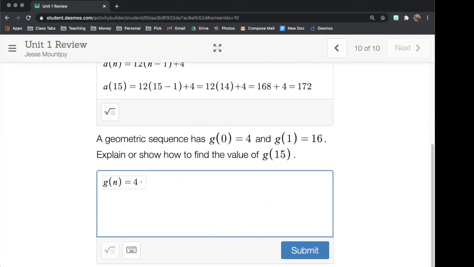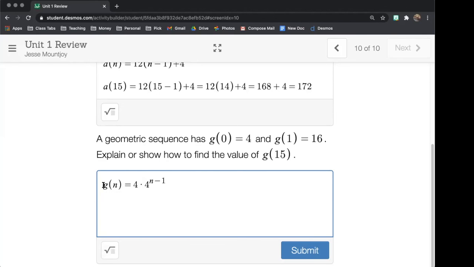And what are we multiplying by every time? So it looks like 4 times 4 is 16. So I must be multiplying by 4 each time. And it's to the n minus 1, because that is the term that I'm on. Okay, so I have 4 times 4 raised to the n minus 1.